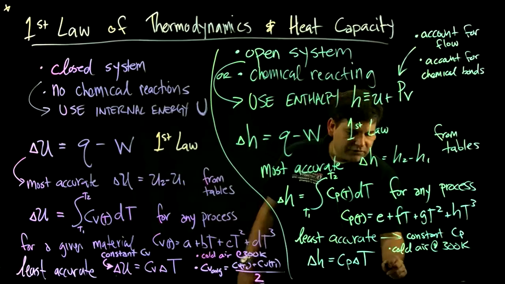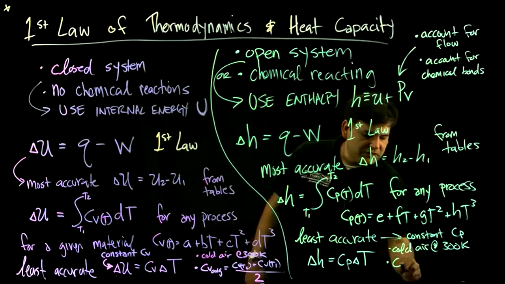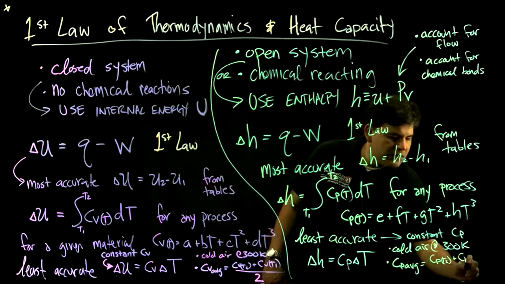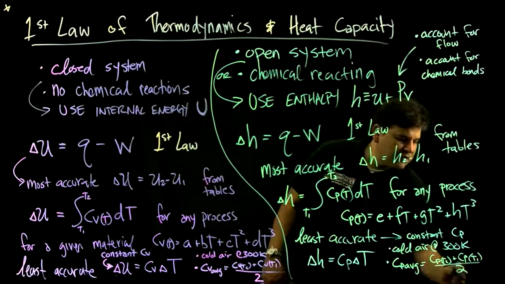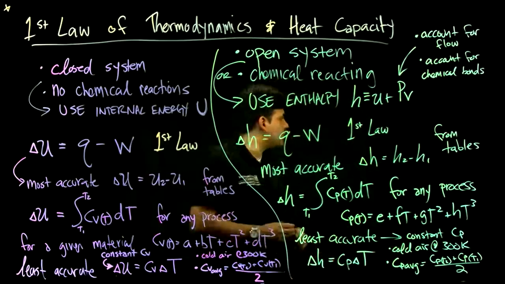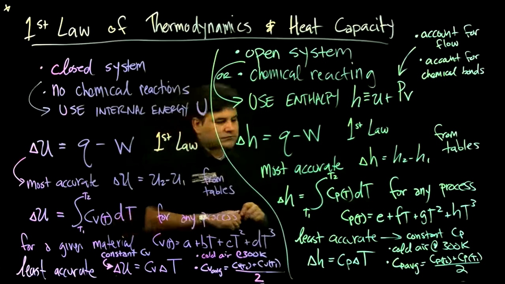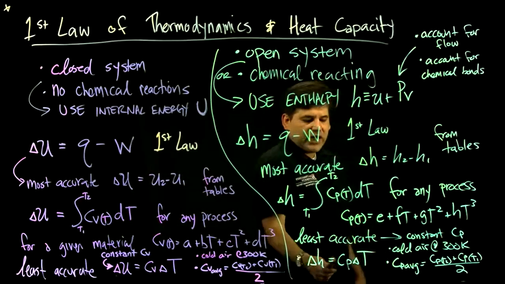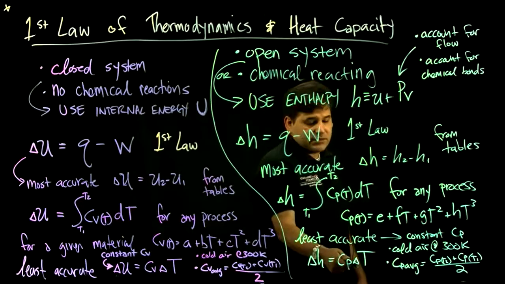Or you can find some other value depending on your problem, or you can define some Cp average. Take some temperature condition, and then average with the second temperature condition, just to have some constant value. So it's the least accurate, but it can become relatively accurate if you have a small temperature difference.